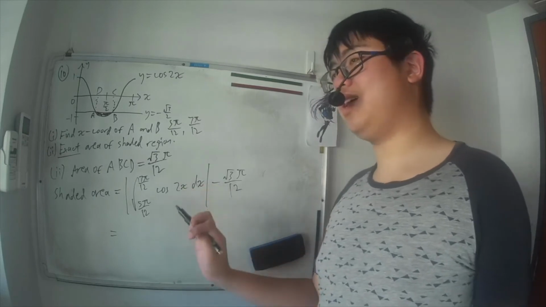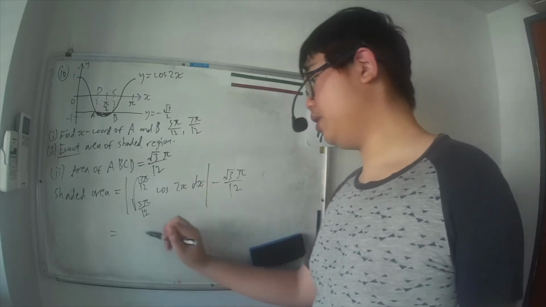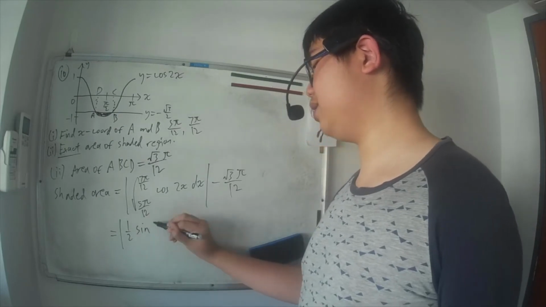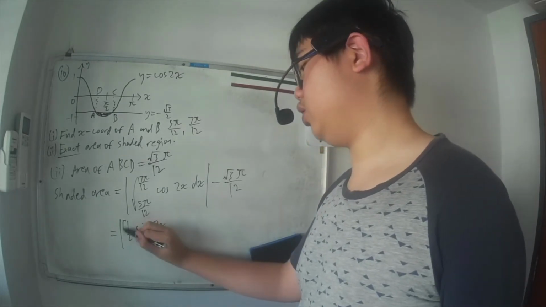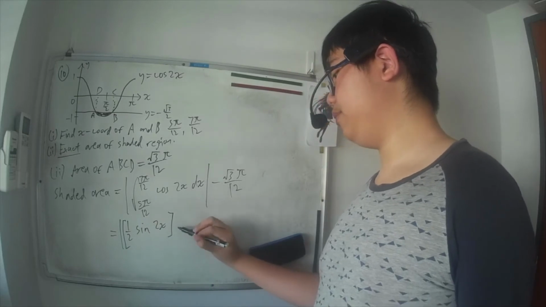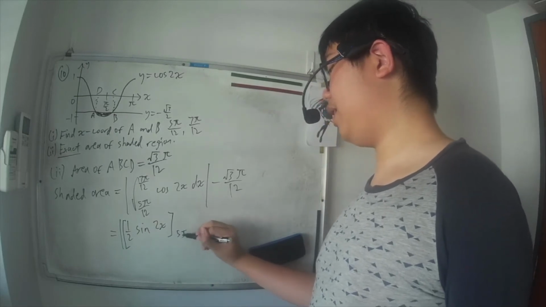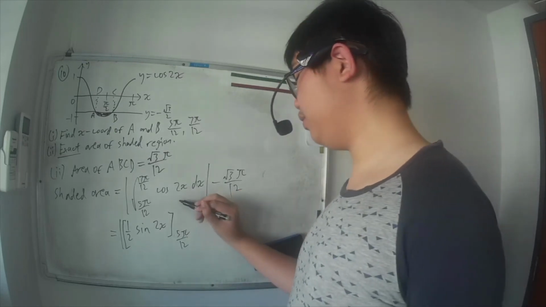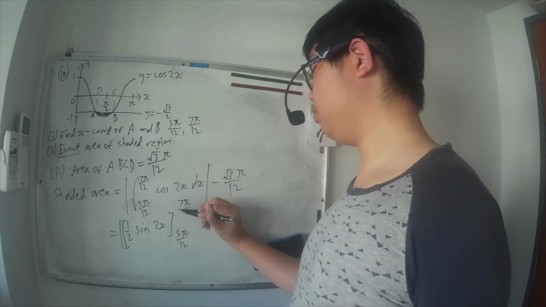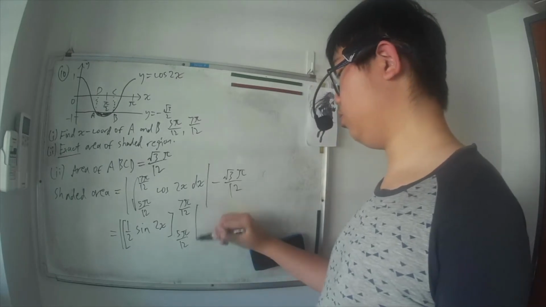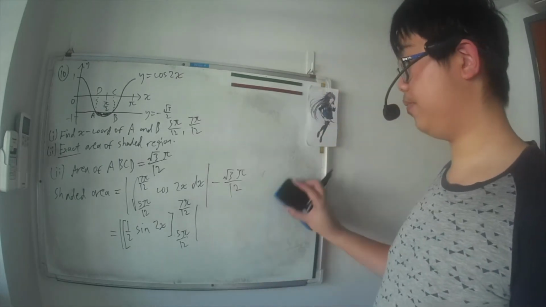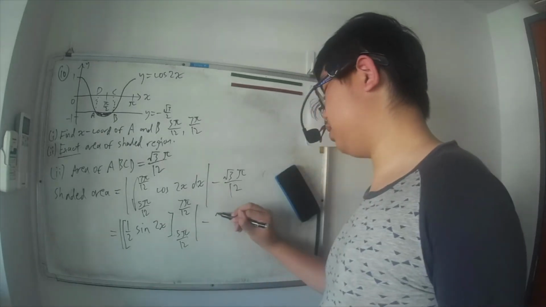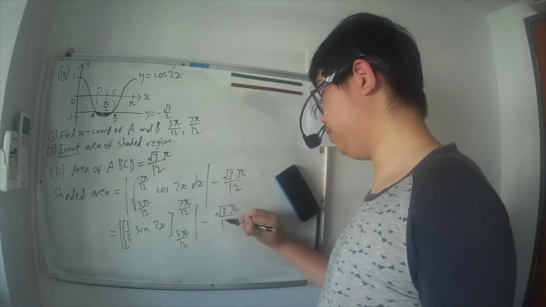This is sine, but you have to divide by 2. So this becomes the modulus of half sine 2x, evaluated between 5 pi over 12 and 7 pi over 12, minus square root 3 pi over 12 as well.